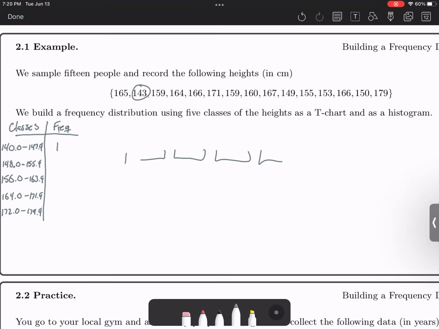How many data fall between 148 and 155.9? This one, and this one, and this one, and this one. So we've got 4 there. All right, how many data fall between 156 and 163.9?